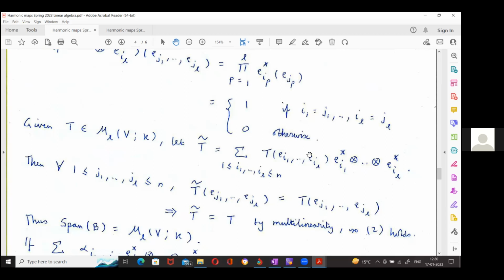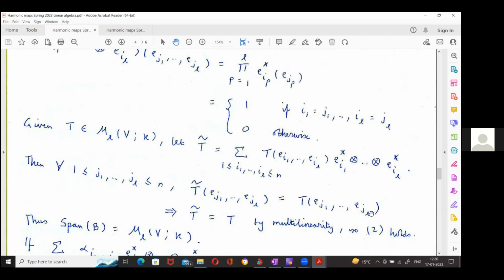So in this sum, only one term remains, when I1 to IL equal J1 to JL, and it becomes T of EJ1 to EJL. So T tilde of EJ1 to EJL is equal to T of EJ1 to EJL.